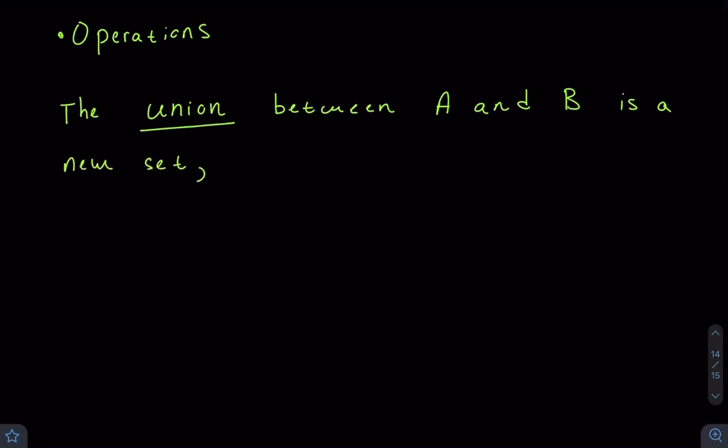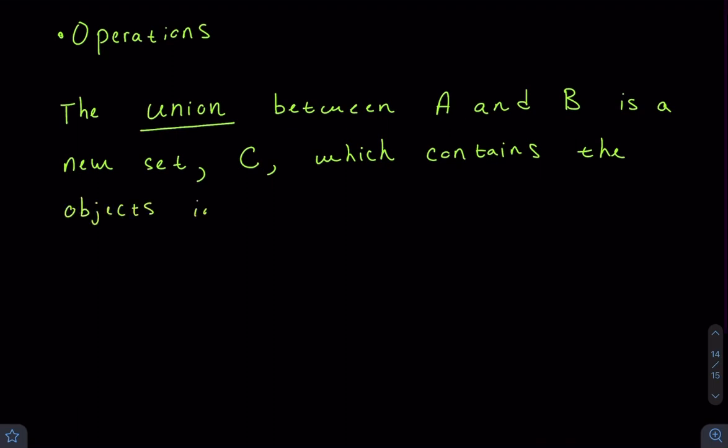We could call this set C, which contains the elements or the objects in A or in B or both.